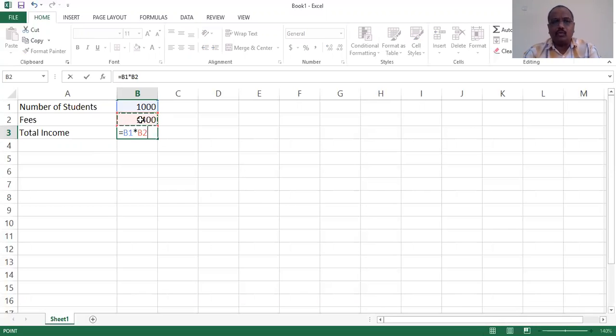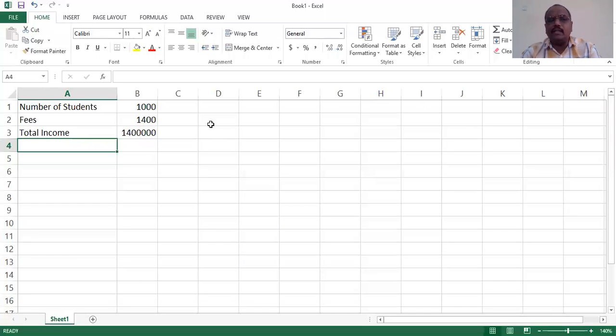So I am going to multiply the number of students with the fees. So here is the total income. We have 1,400,000 riyals every year as income.